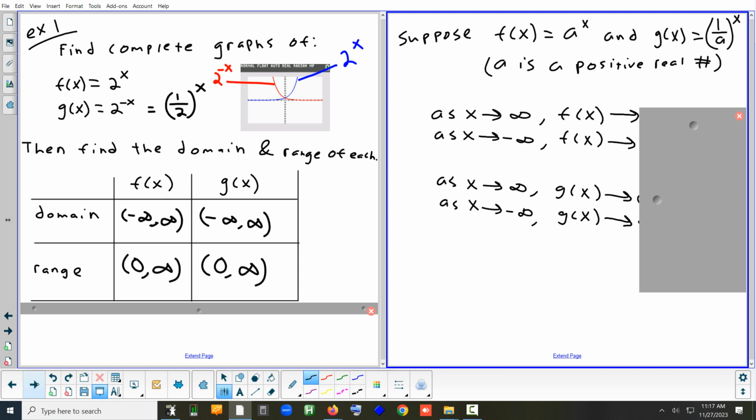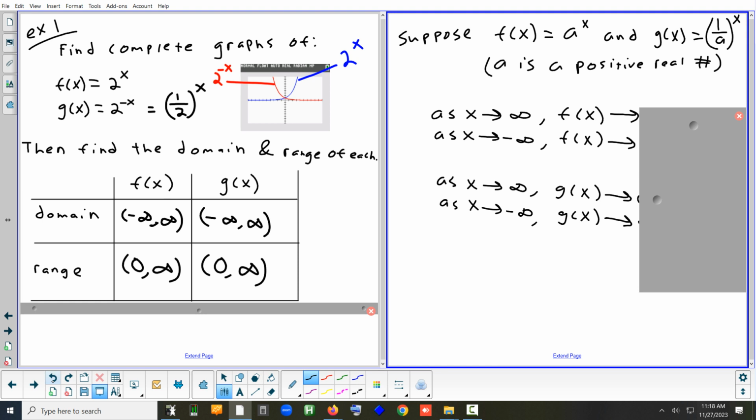So instead of thinking specifically about 2 to the x and 1/2 to the x, we're going to think about anything to the x. 2 to the x, 3 to the x, 5 to the x. And then the same thing flipped. So f of x is going to represent some type of growth. G of x is going to represent decay. Now what I'm asking here is pretty much the same thing as domain and range.